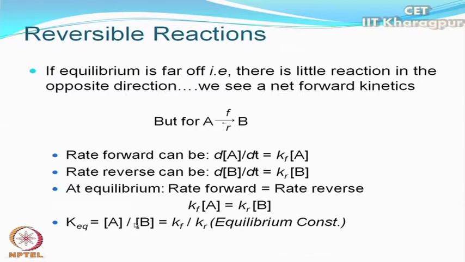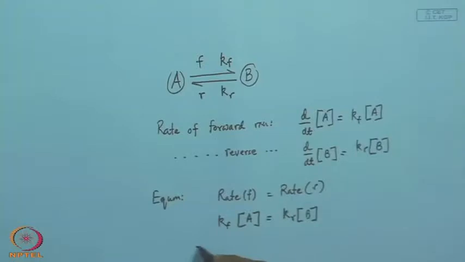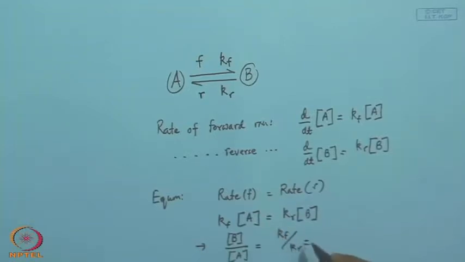Concentration of B divided by concentration of A is equal to K f by K r, which is equal to K equilibrium, the concentration equilibrium constant, of course at a given temperature, because it is very much sensitive to temperature.